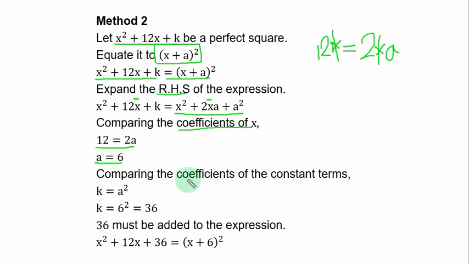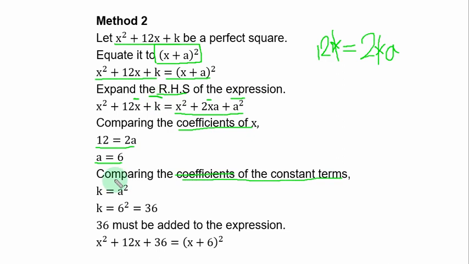Next, you compare coefficients of the constant term, or better still, we compare the constant term. Constant terms are terms without variable, so they don't have coefficients again, they're already constant. So when you compare the constant terms, they are a squared and k.